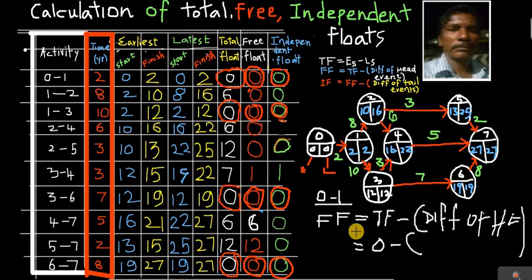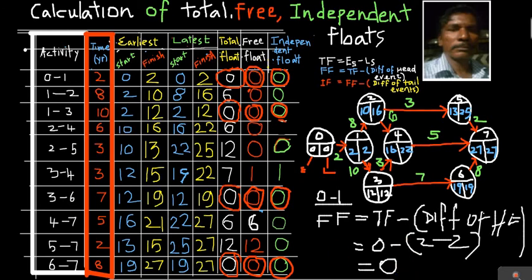Total float already we have calculated, 0, minus the difference of the head event. This is the head event for this particular activity. So difference of these two, that is 2 minus 2, 0. So 0 minus 0, 0. Free float, we have this 0 comes like this.